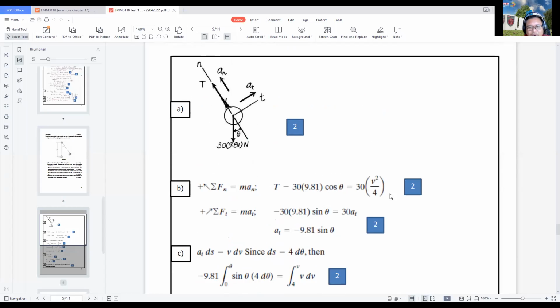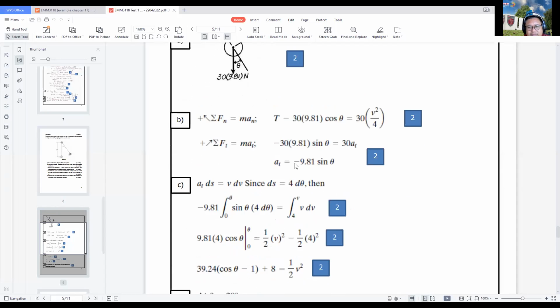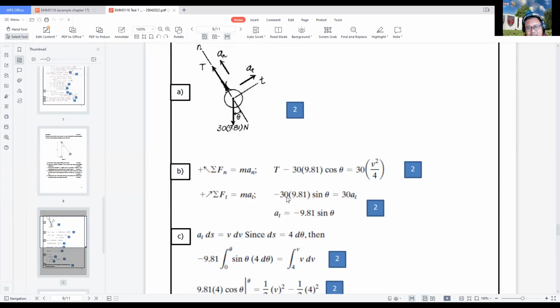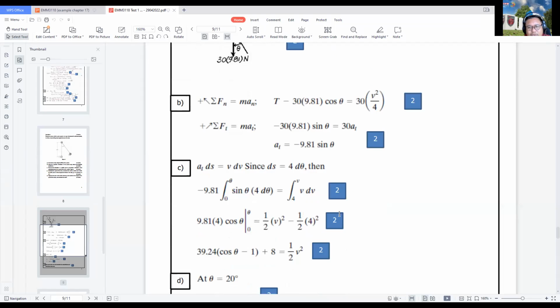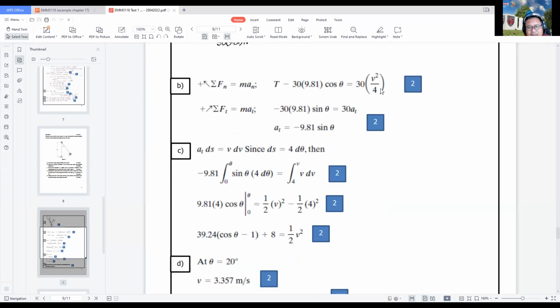Rho in this case is 4. 30 is the mass of this particular ball. And for the tangential force, you have minus 30 times g sine theta, the weight component, equal to 30 times aT. And from here, you can solve for aT, which is minus 9.81 sine theta. So you have two sets of equations.